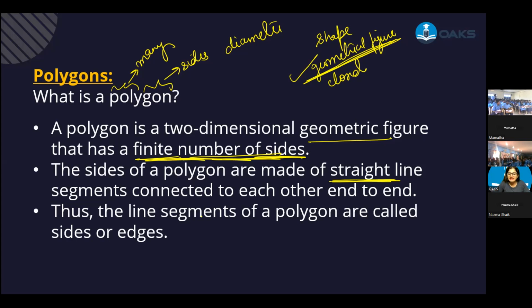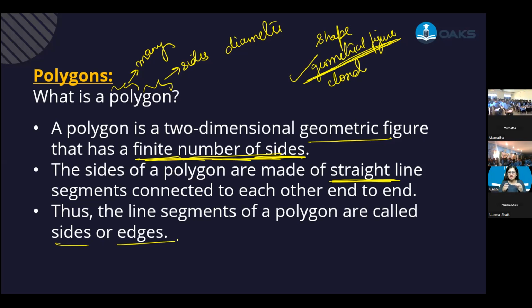Now, the line segments of a polygon are called sides or edges, right? Can you tell me how many sides a triangle has? Three sides, right? Okay. School 2, can you tell me how many sides a square has? Four sides, right?